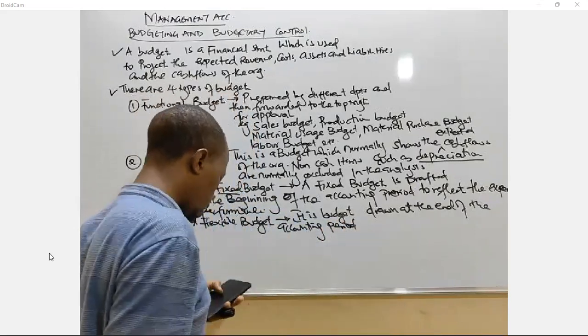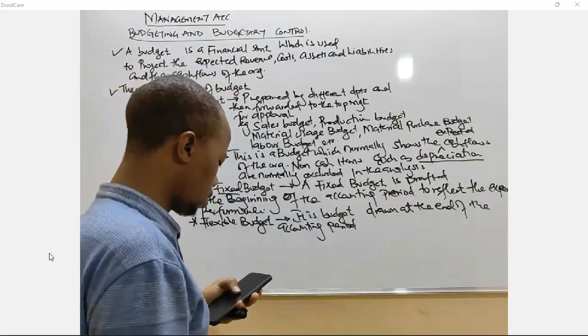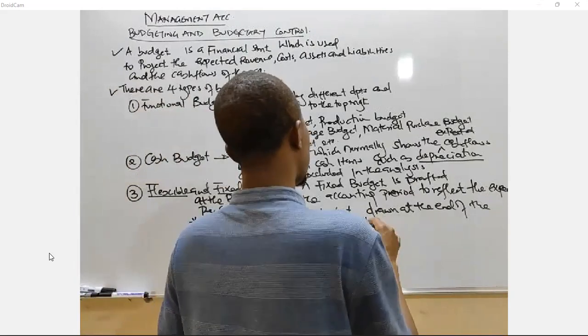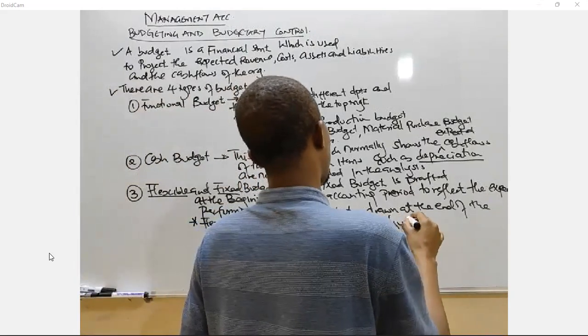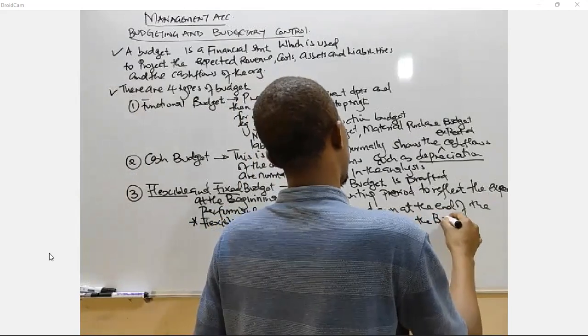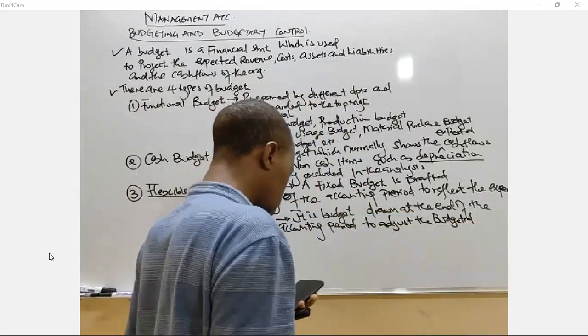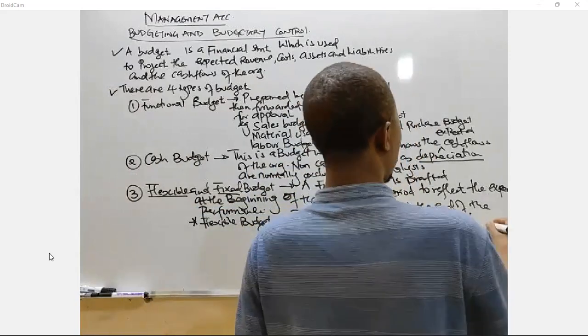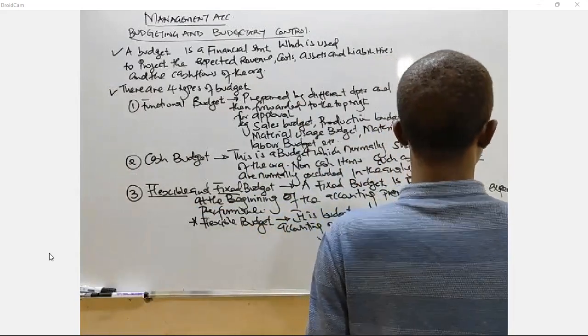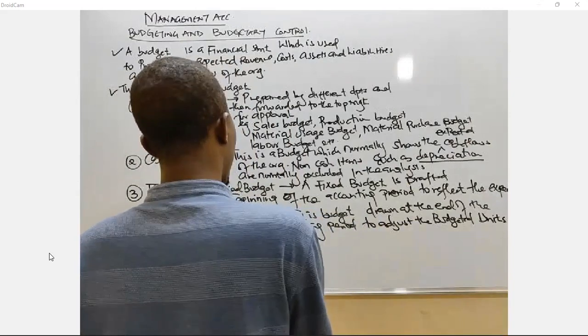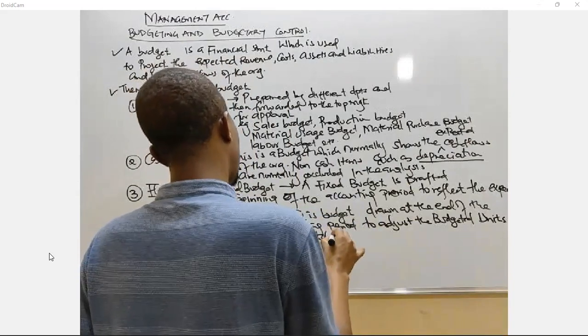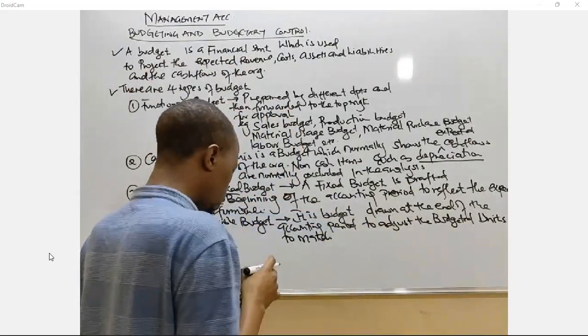It's normally drafted at the end of the accounting period to adjust the budgeted units to match the actual production.